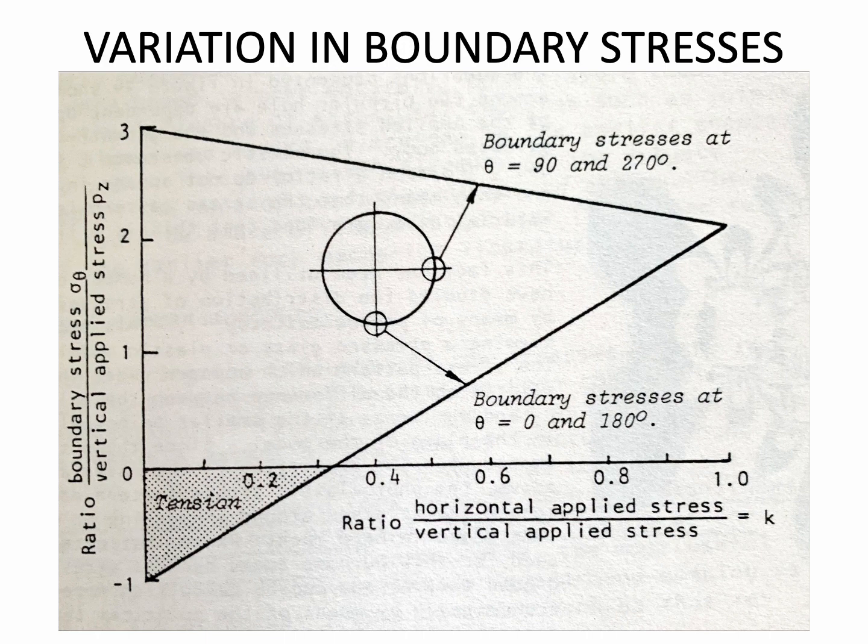And for the points like at the invert and at the crown, the stresses vary from the tension reach till the ratio of horizontal applied stress to the vertical stress is of the order of around 3, and then it increases to reach around 2.5 when the ratio of horizontal applied stress to the vertical applied stress approaches 1.